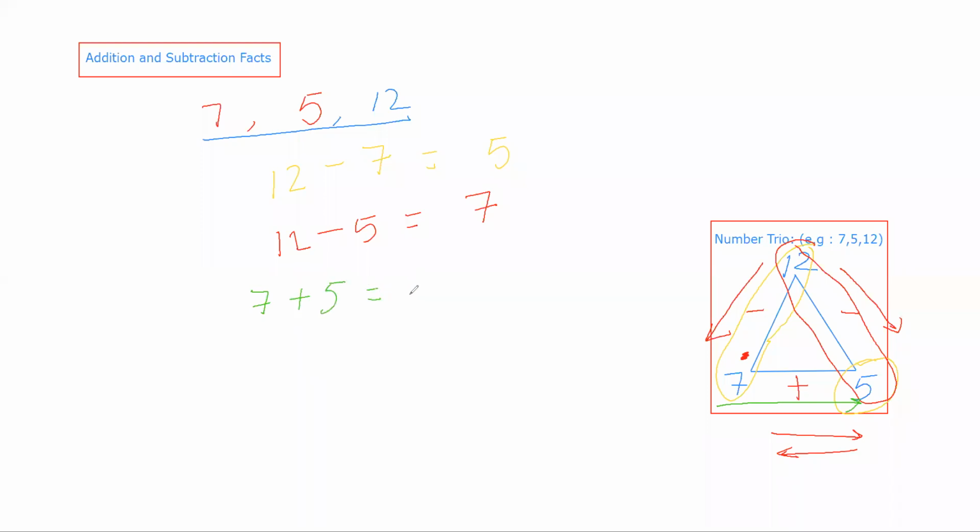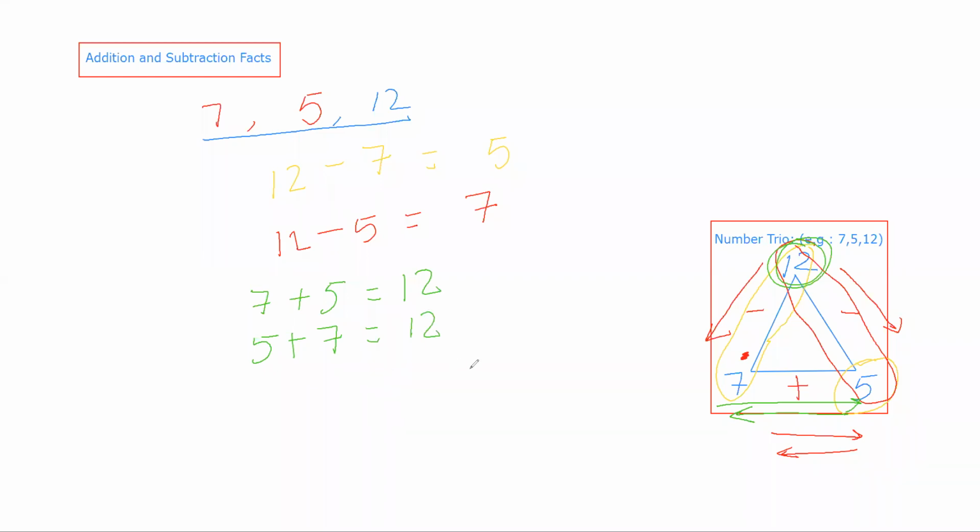And the answer to this equation will be the leftover number. The answer is 12. Now let's change the direction of reading the numbers on the bottom and go in this direction this time. So it will be 5 add 7. Again, the remaining left number is my answer to this equation, 12.